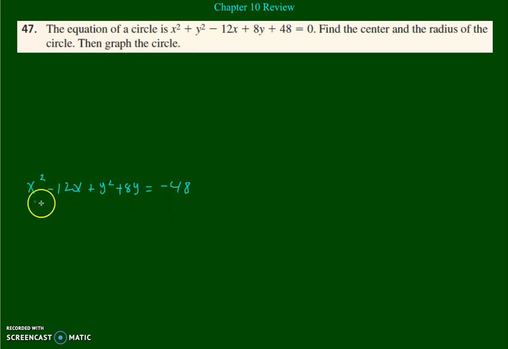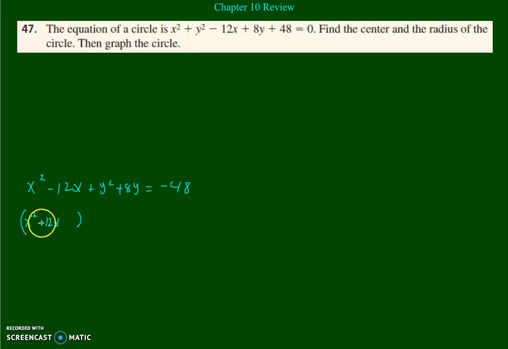Now, I'm going to take these two terms, and I'm going to complete the square on these two terms to create a quadratic equation. What that gives me is x squared minus 12x, and I put these in parentheses, and I give myself a little space here.